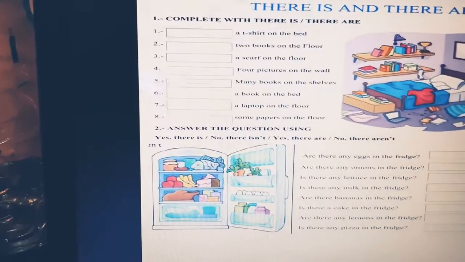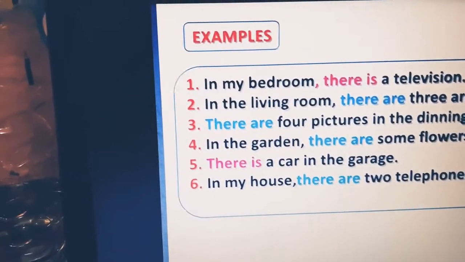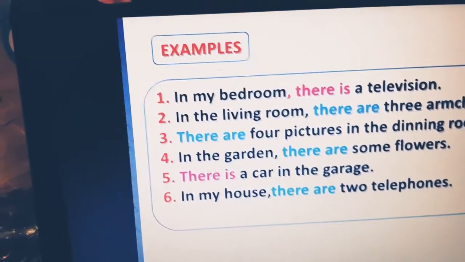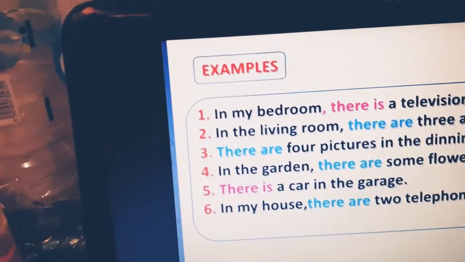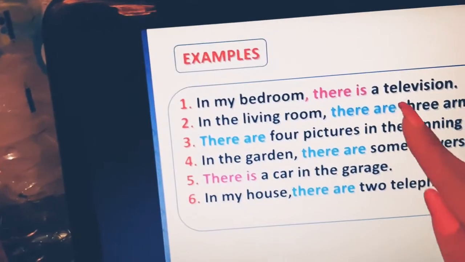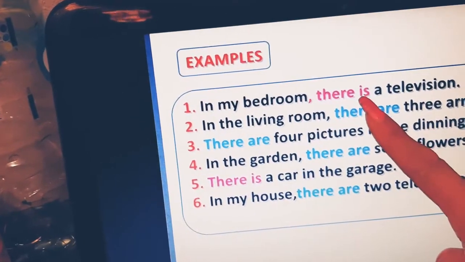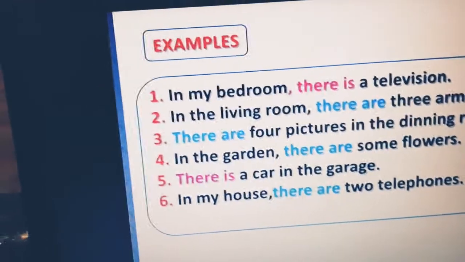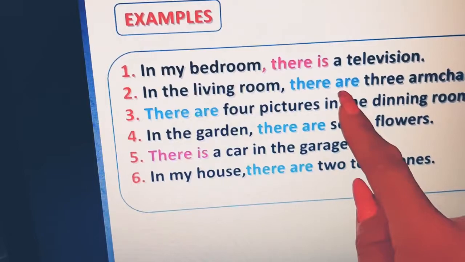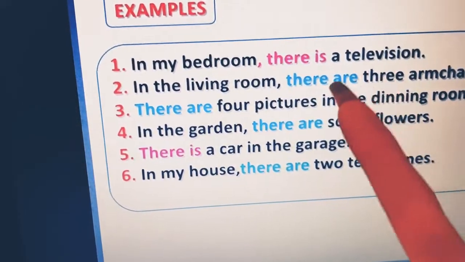Next exercise or examples. Tomorrow we will start, I told you, with parts of the house, and the example is similar to this one. In my bedroom there is a television. It's just one, that's the reason it's there is. In the living room, there are 3 armchairs. So it's plural because we have 3, not just one.